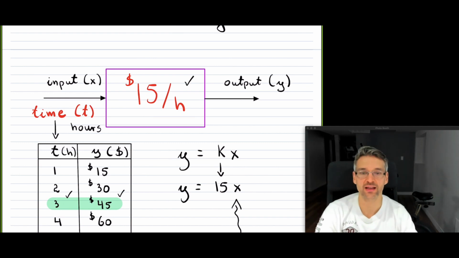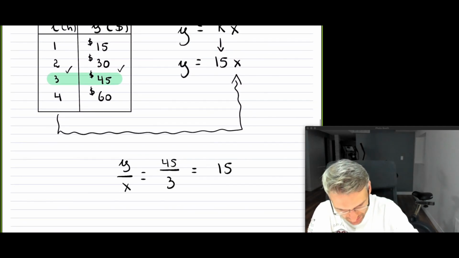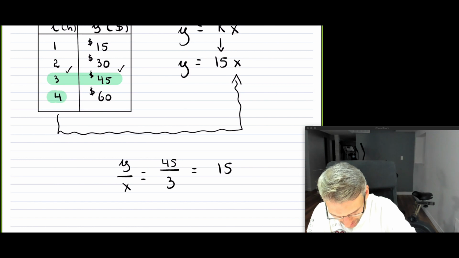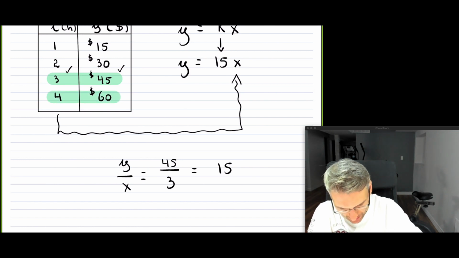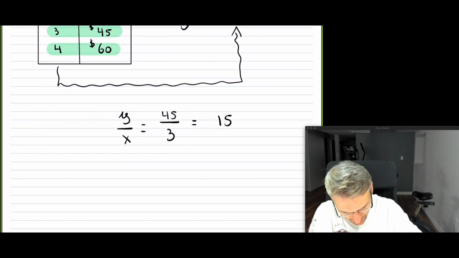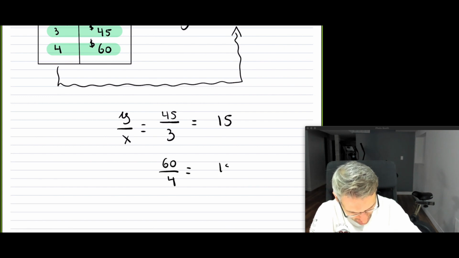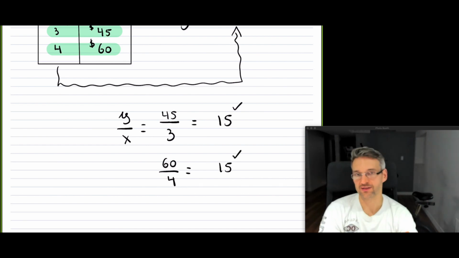That's what it's scaling by. If I take a different line, it doesn't really matter which, and do the scaling again, in this case 60 divided by 4, notice you still get 15. That's what we mean by a constant of proportionality.